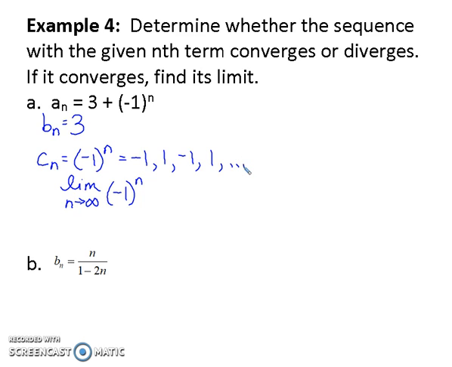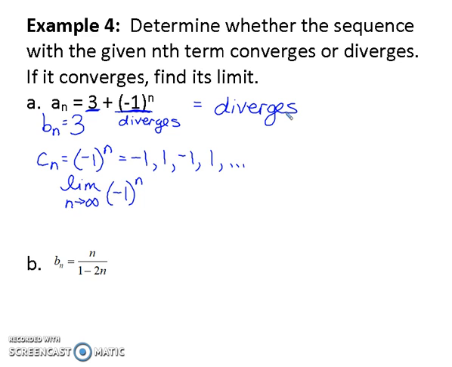This sequence is going to continue to oscillate back and forth between negative 1 and positive 1, so it's never actually going to converge to anything. So even though the b sub n part converges to 3, this guy diverges. If any portion of the sequence diverges, that makes the whole sequence diverge.